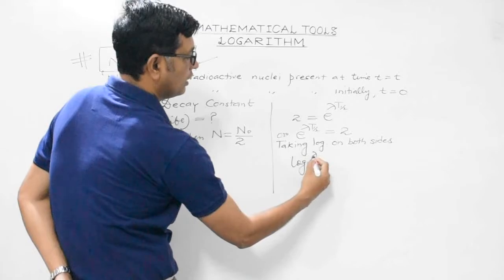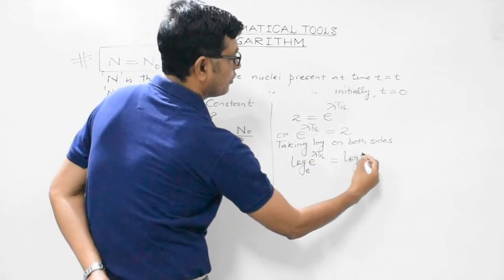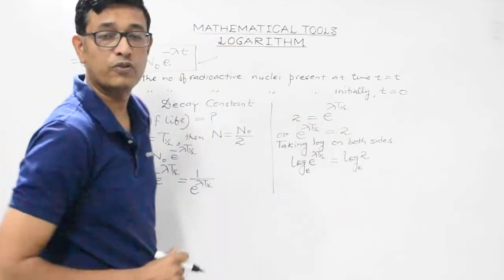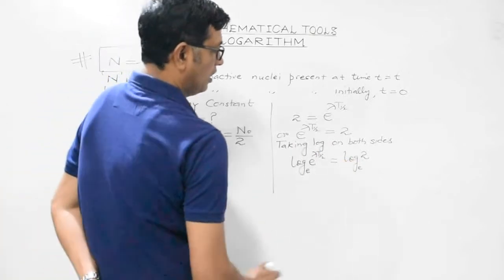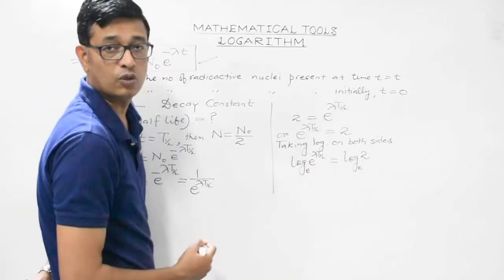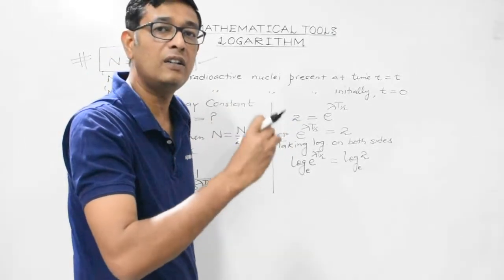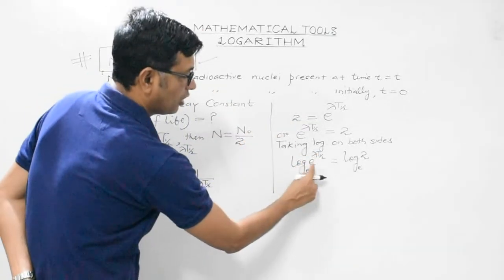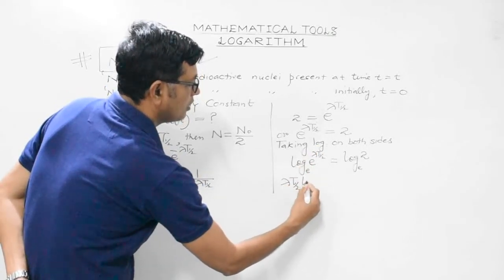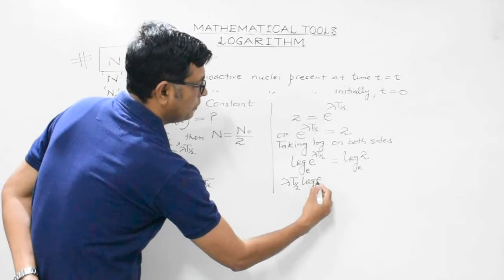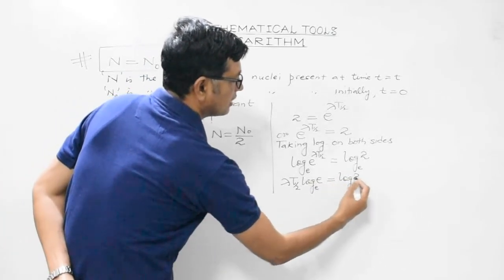So taking natural log on both sides, we get natural log of e to the power lambda T half equals natural log of 2. Now using the power rule, log m to the power n equals n log m. So over here, it is log of e to the power lambda T half, which gives lambda T half times log e base e, equal to log 2 base e, that is, natural log of 2.